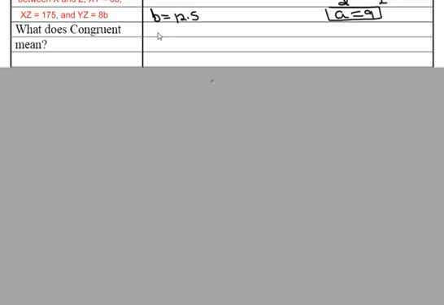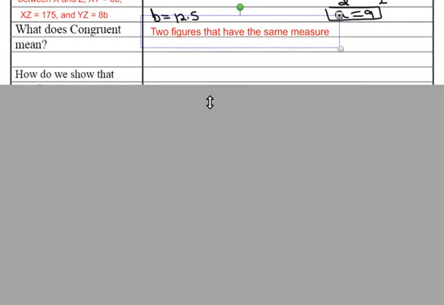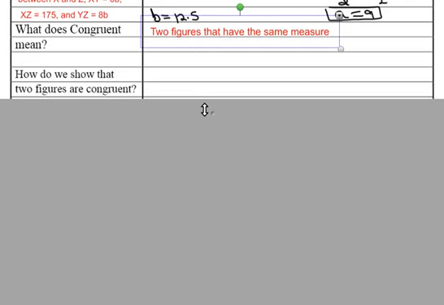What does congruent mean? And congruent just means basically the same as equal to. It means that two figures have the same measure. So we'll say two figures that have the same measure. And we show that two figures are congruent with hash marks.